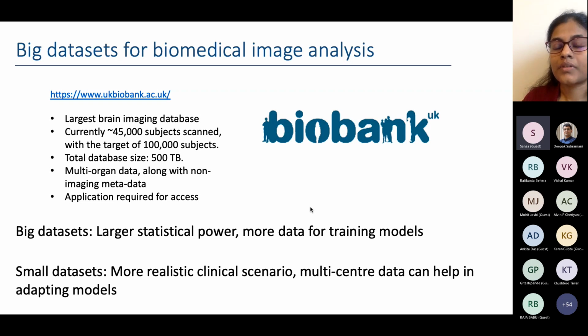Everything is available along with this imaging data, which is really useful for studying the clinical impact of certain diseases. We can study with respect to a specific population group. Right now, getting access to this data set requires an application, and if the applicant meets the guidelines or requirements, the data is made available under a stringent confidentiality agreement.